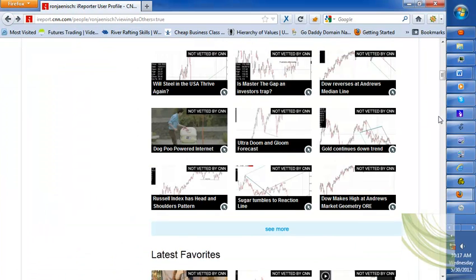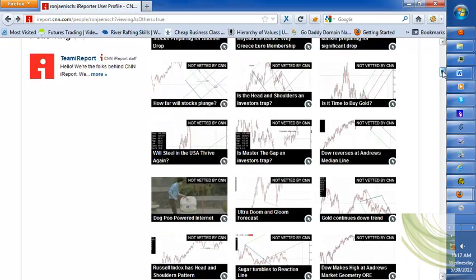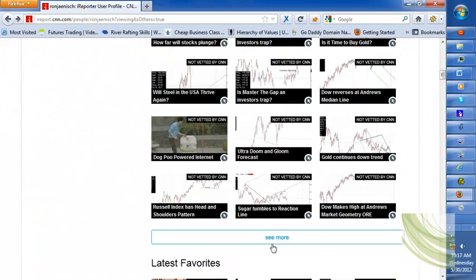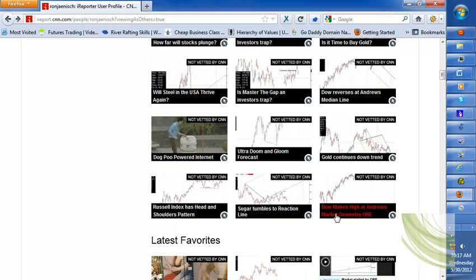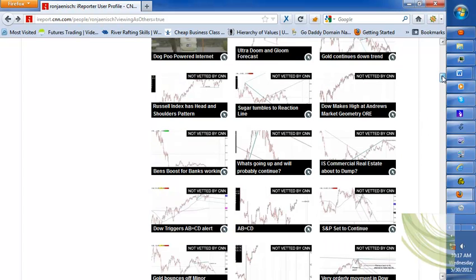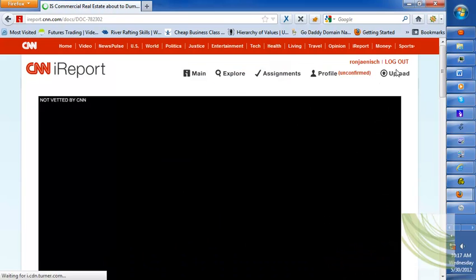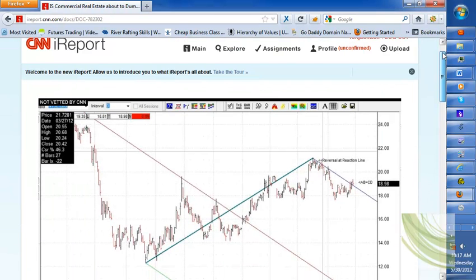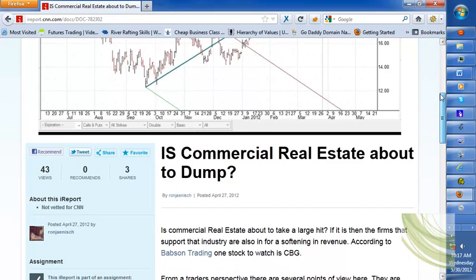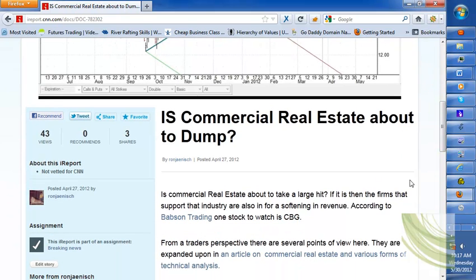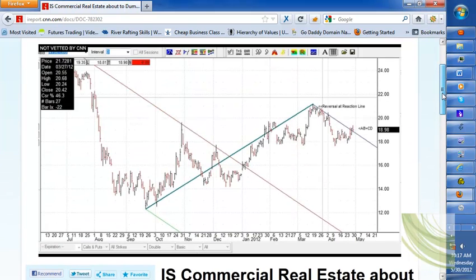We can see here this is the stock CBG, and on this day we brought it to everybody's attention when it was right past on the ABCD thing.